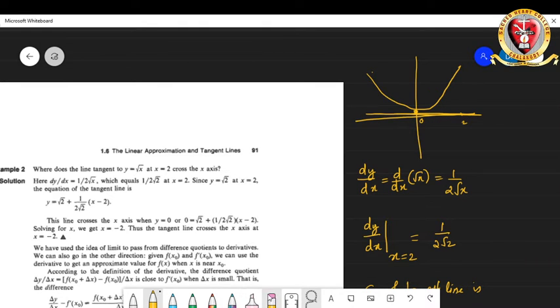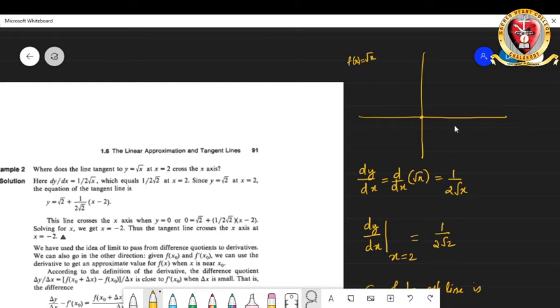So the question is, if you have a function, see how to plot the function. It is necessary, in order to understand, say if you have a function f of x equal to root x, so 0, 0 will be a point.